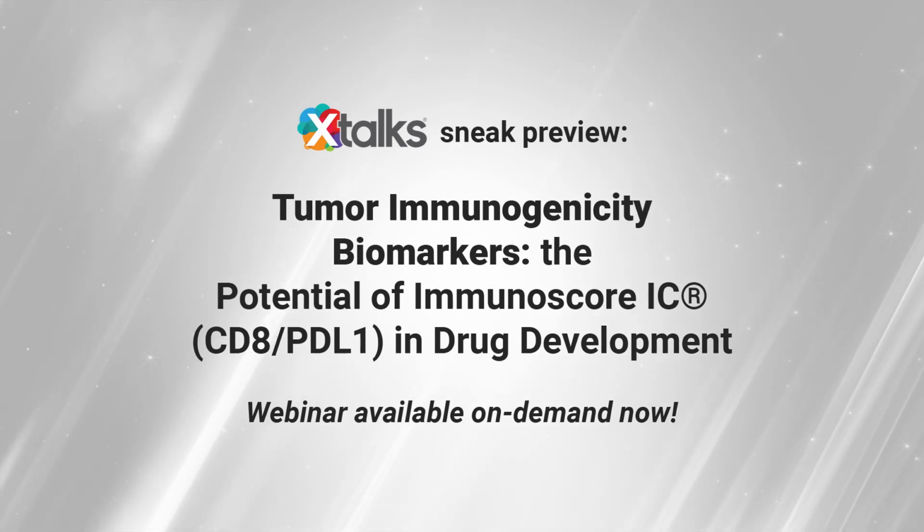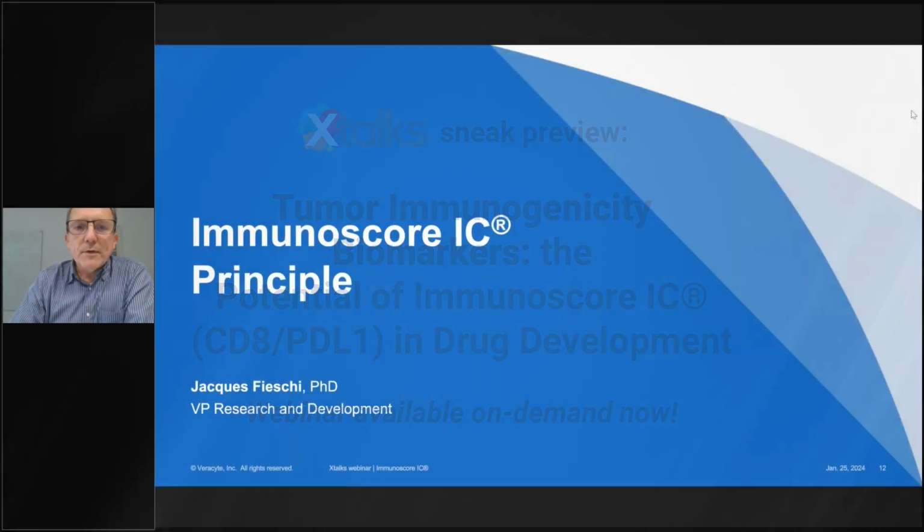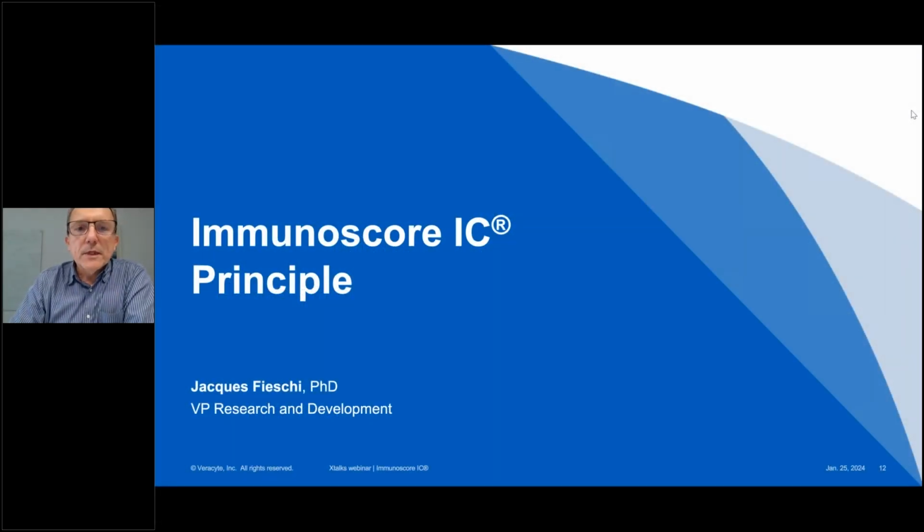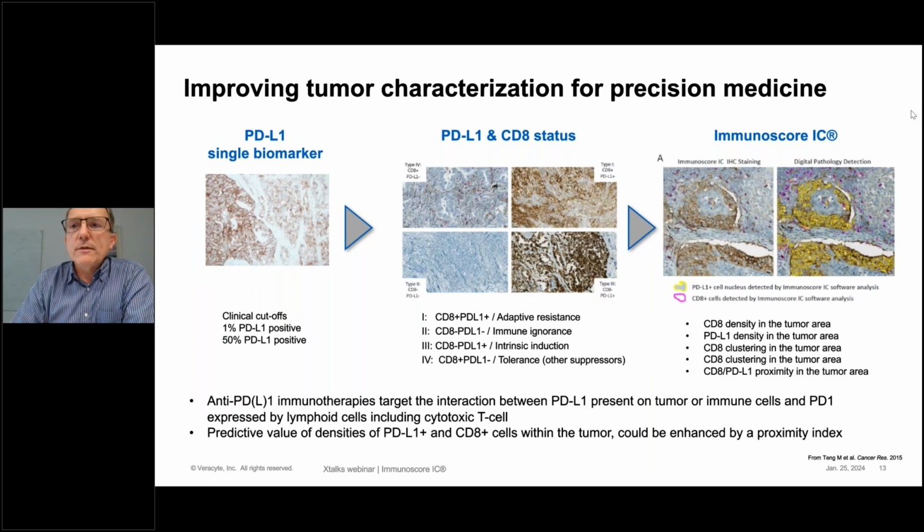Drug development. Let's get into the principle of Immunoscore IC. This test was developed taking into account that the current capability of biomarkers used to predict the response to immunotherapy was pretty low.